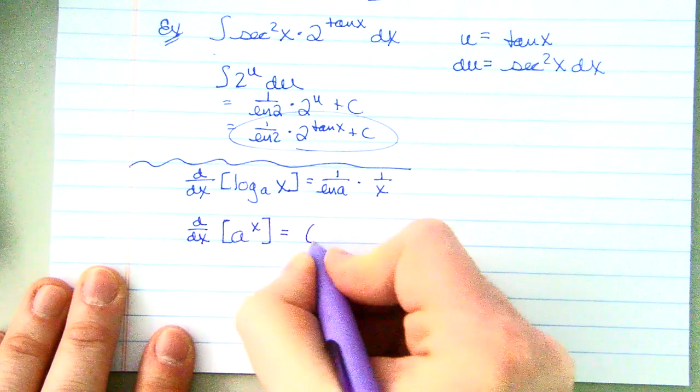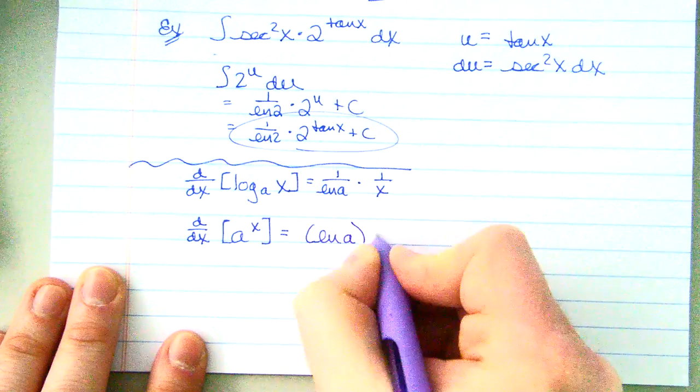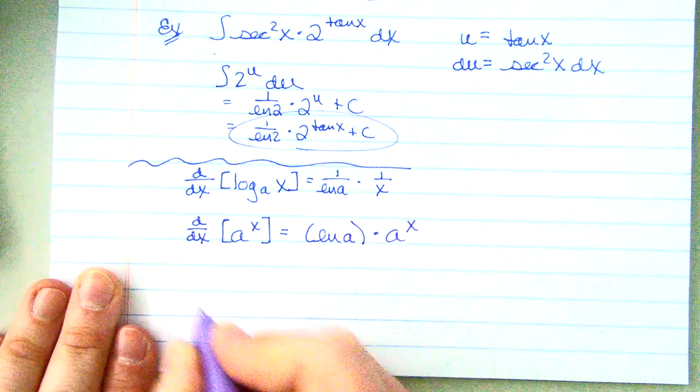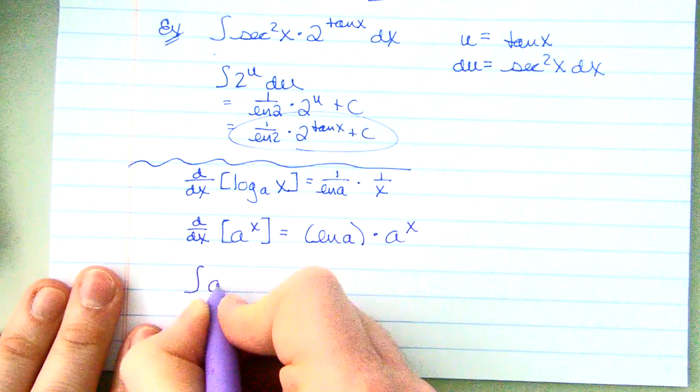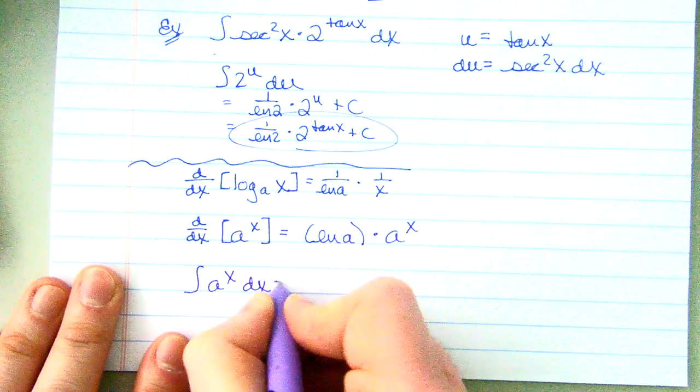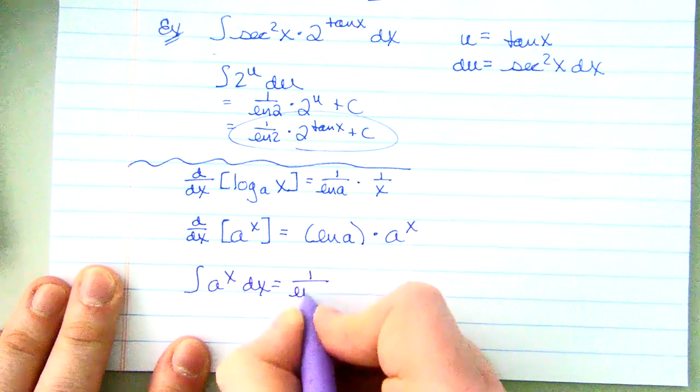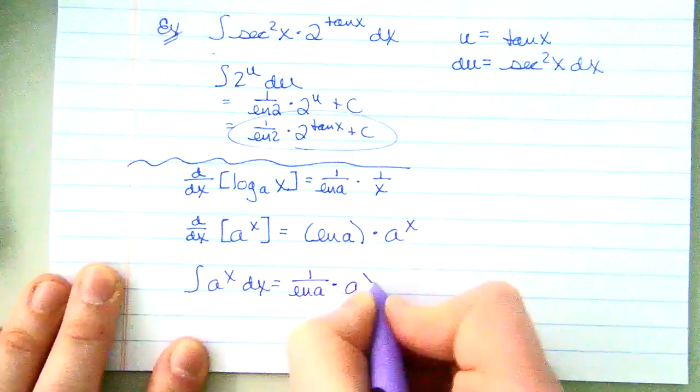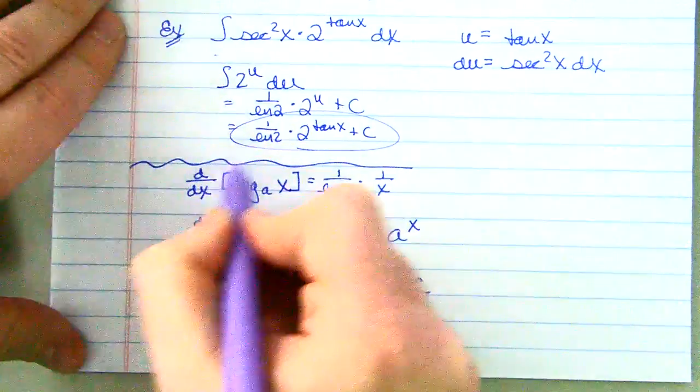Derivative of a to the x is the natural log of a times a to the x. The integral of a to the x dx is 1 over the natural log of a times a to the x plus a constant.